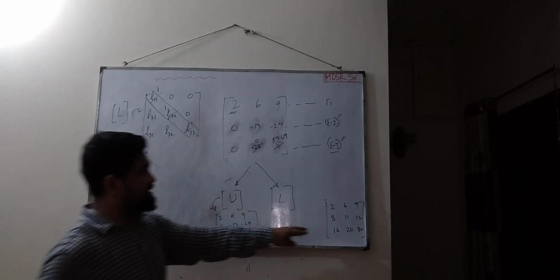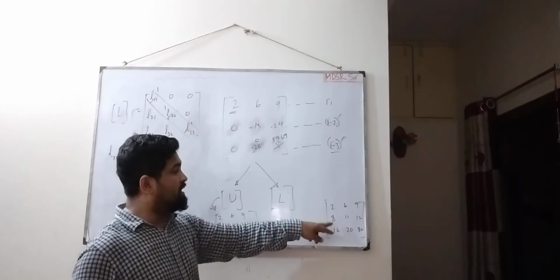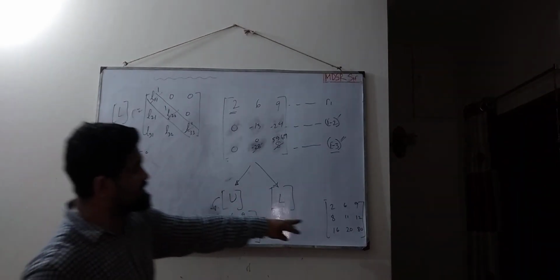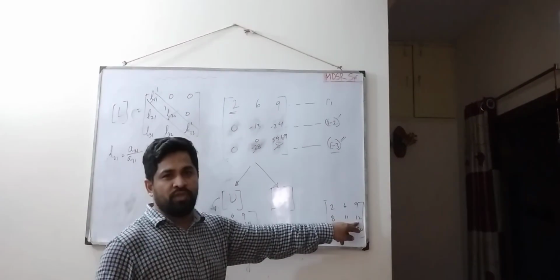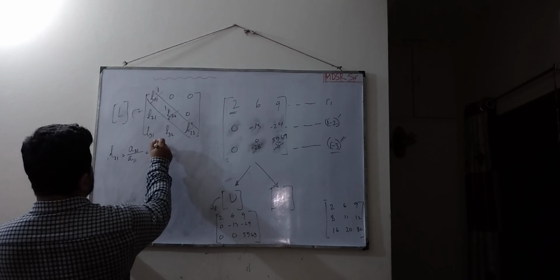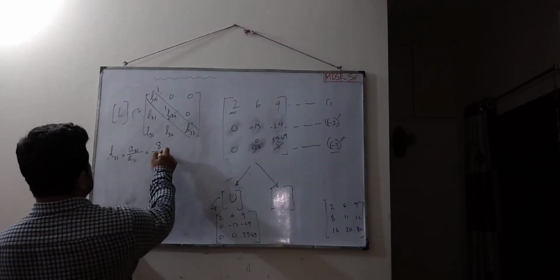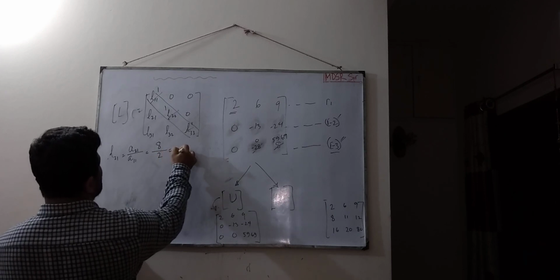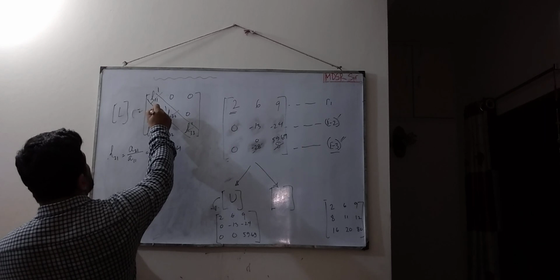A21 is the coefficient of the original matrix at that particular position. A21 is 8, so 8 divided by A11, which is 2, gives 4. So we have our value 4.